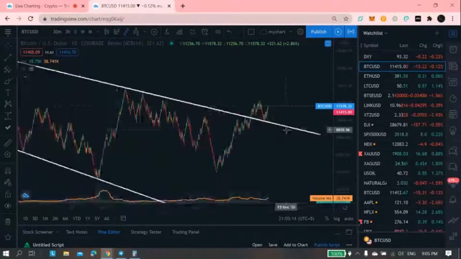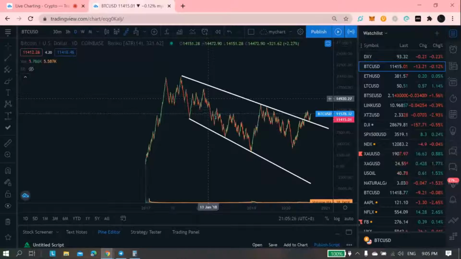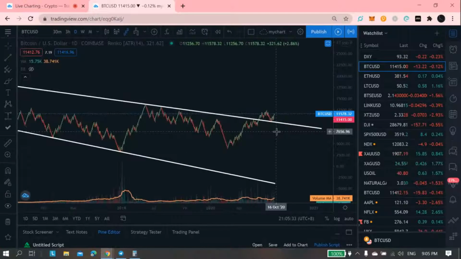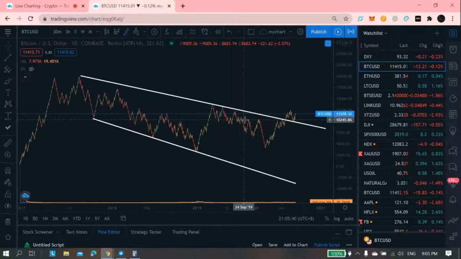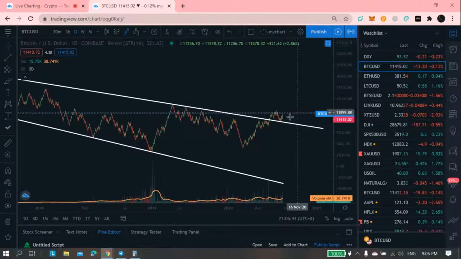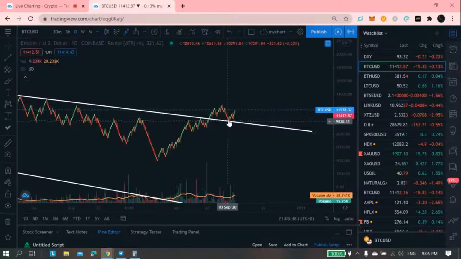It went high first until it reached the all-time high around $20,000, and from there it's been trending in this downward channel. And just recently it broke out of this long-term downtrend channel, and now we are forming a new uptrend channel.